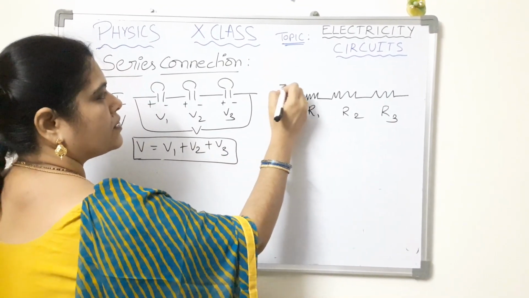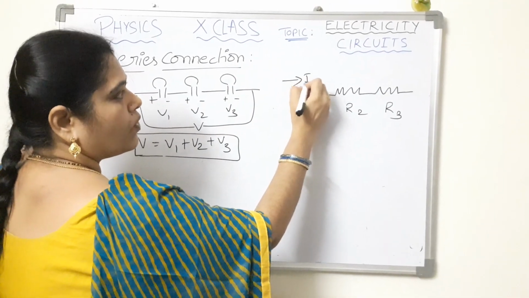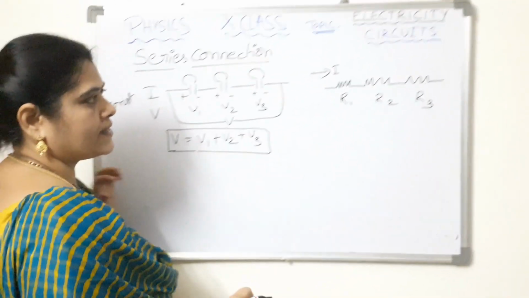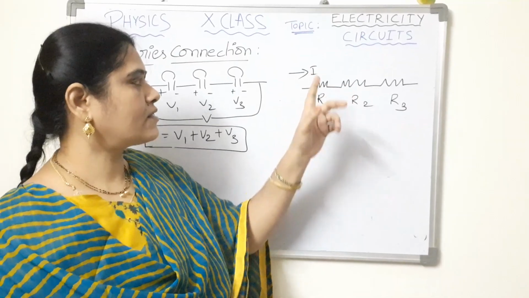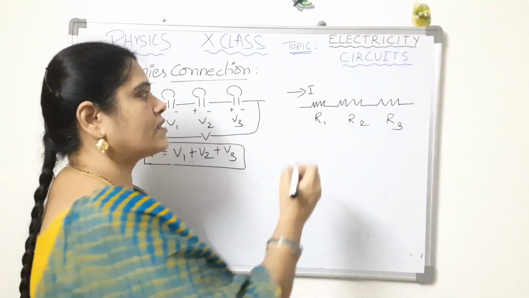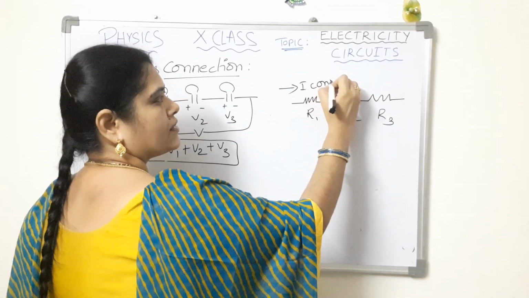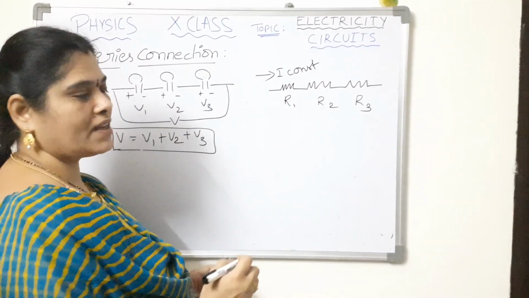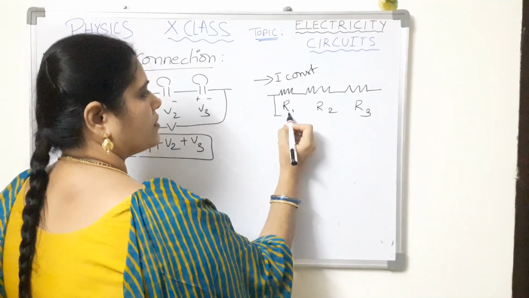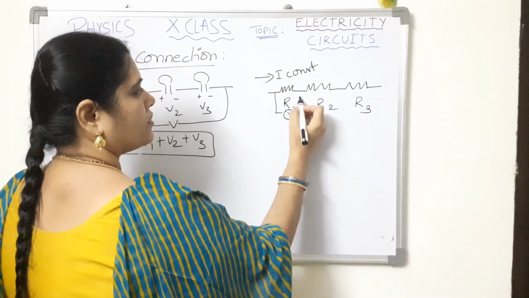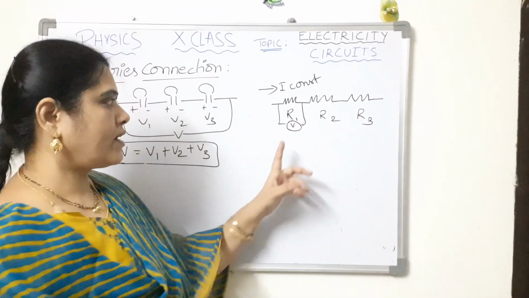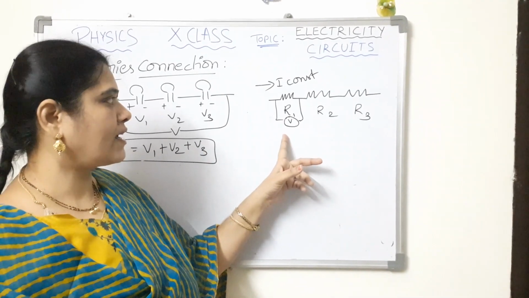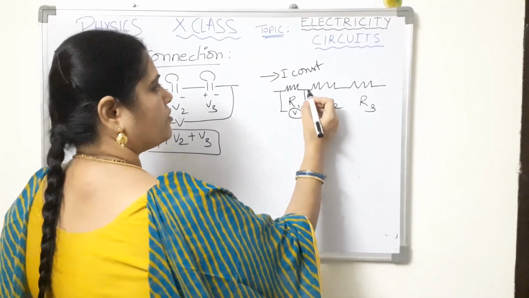Again, the same I will flow through all these three resistors. That's why it is the same. I is constant in this connection. And next, what about the V? You want to check the V here. That means a voltmeter will be used to find the potential difference, and it is always connected in parallel. Again you take this one.